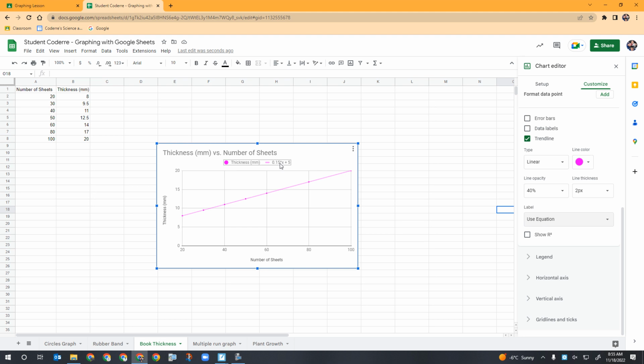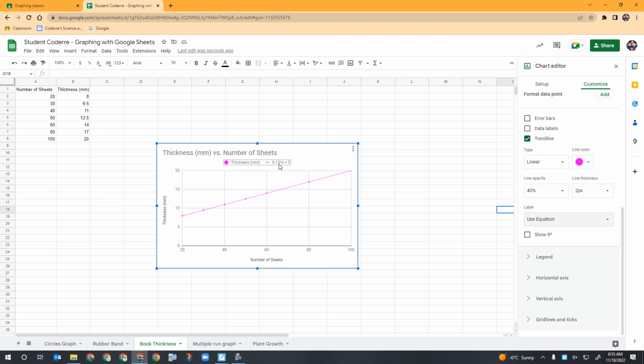Now I went pretty slow. Could you build a graph pretty quickly? Like really quickly. Highlight the data, insert, chart, bang, bang, bang, it's done. You can literally have a line graph built in a couple of minutes with Google Sheets, which is so much better than the way we used to do it, which is get a piece of graph paper, look at what the biggest number you have is, figure out what each line on the graph paper should be worth, draw the scale on by hand, and then plot all the points by hand, and then use a ruler to draw the best fit line on.